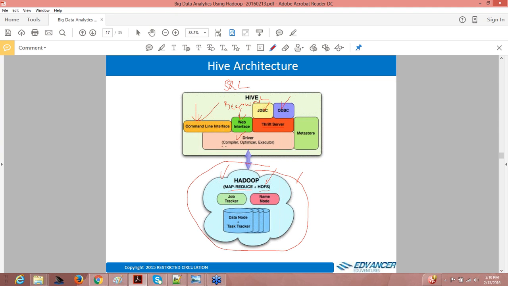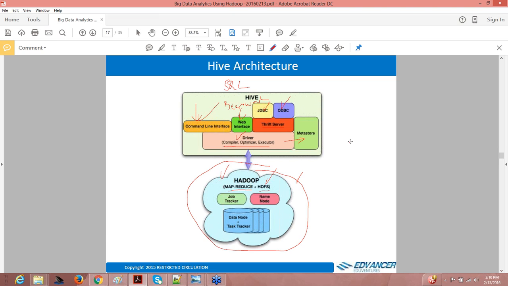This driver is the one which actually compiles SQL queries into MapReduce jobs. The driver has a compiler which compiles the SQL into MapReduce jobs, an optimizer which optimizes the generated MapReduce jobs, and an executor which gets the MapReduce jobs executed on the Hadoop cluster. The driver uses the metastore to persist the table schema information.